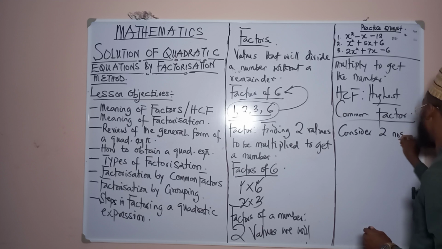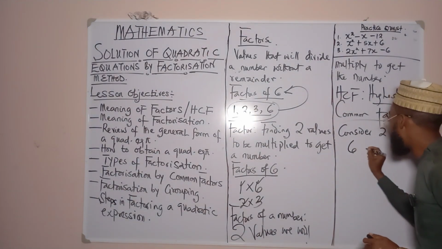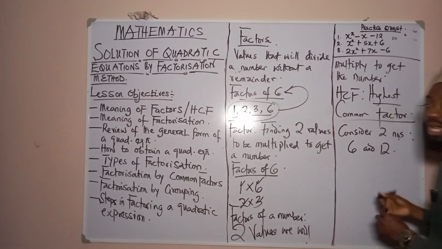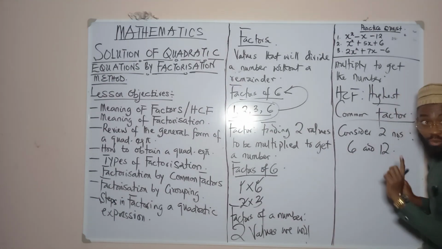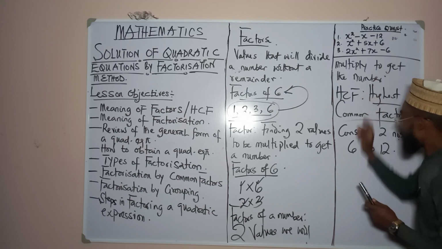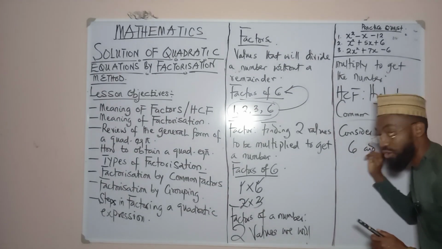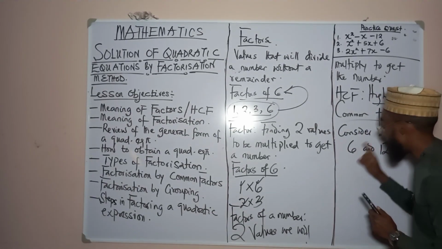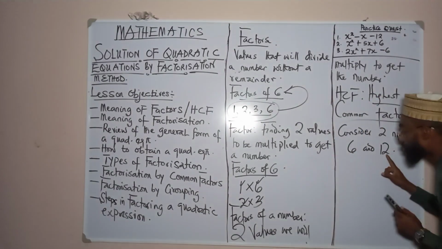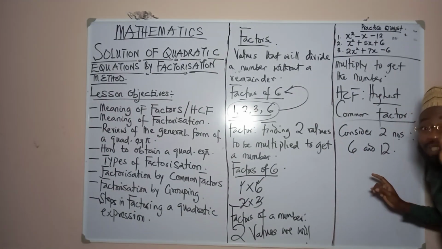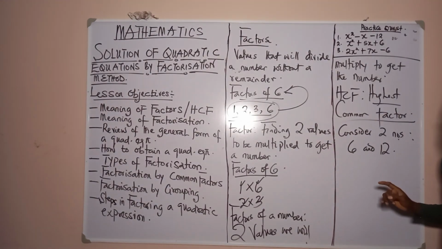Consider two numbers given. The two numbers are 6 and 12. And you are asked to find the HCF of 6 and 12. What HCF means is there is a factor, a value, that will divide 6 and also divide 12 at the same time without a remainder.